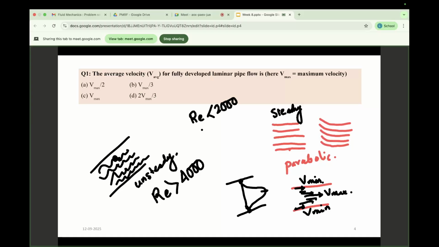A question may arise: if the number is less than 2000, it is laminar, right? And if it is more than 4000, it is turbulent. Then what happens if the Reynolds number is between 2000 and 4000? In that case, this flow is known as transition flow or transition region.